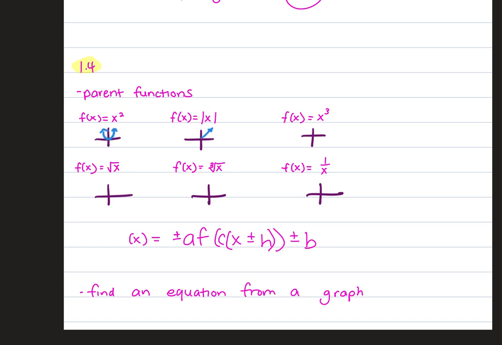Absolute value is your V. Cubic goes up right, down left. Square root is just the little arc to the right. Cube root is the arc to the right, but then it reflects over to the left. And our reciprocal function is top right corner, bottom left corner.